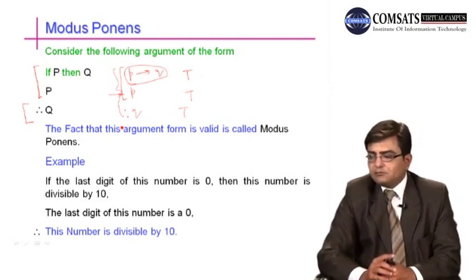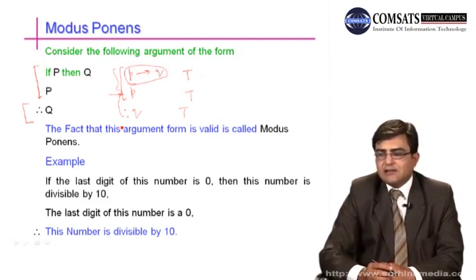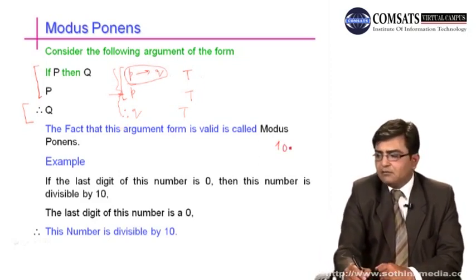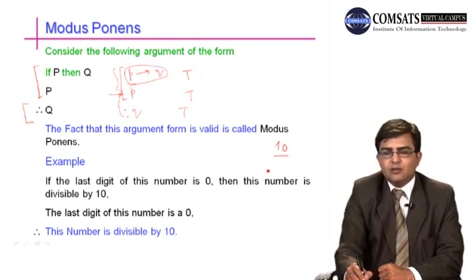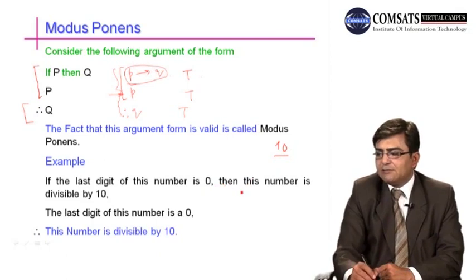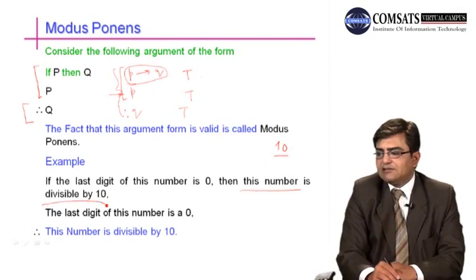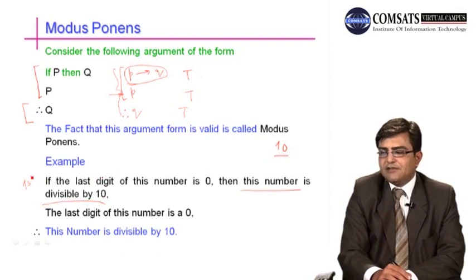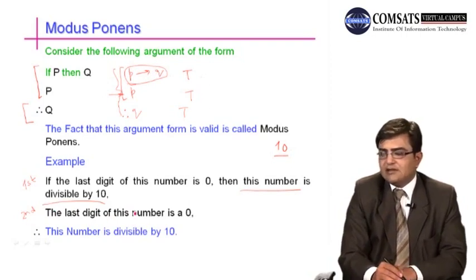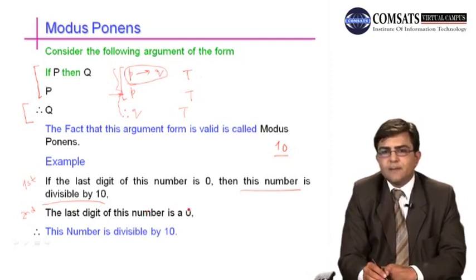For example, if the last digit of a number, any number, for example 10, is 0, then this number is divisible by 10. This is a conditional statement, which is the first premise. Now the second premise, or second hypothesis, is that the last digit of this number is 0.